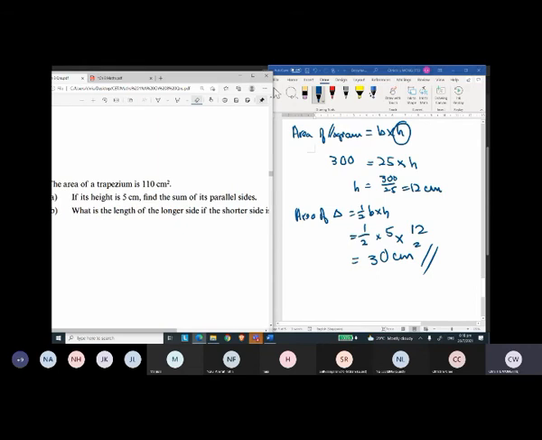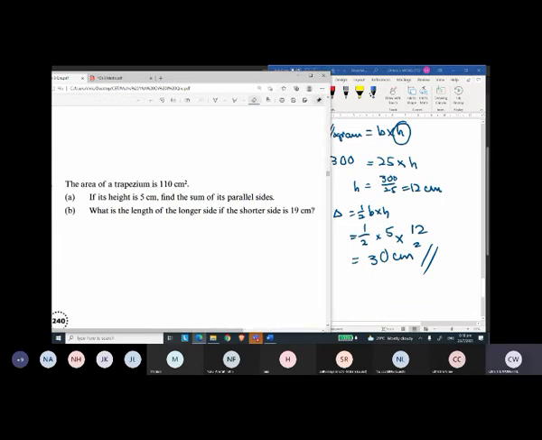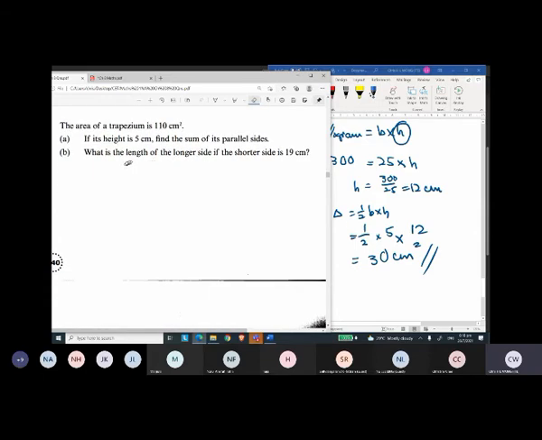Okay, this one. You all do this for me, please. Let me read the question to you. The area of a trapezium is 110. The height is 5 cm. What is the sum of the parallel sides? Very interesting. So I draw a trapezium for you. Not very nice, but something like that.